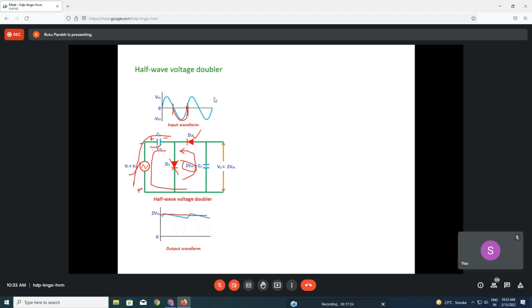So Vm plus Vm, 2 Vm. But if you write KVL at the negative peak, then we will get Vm minus 2 Vm is equal to 0.